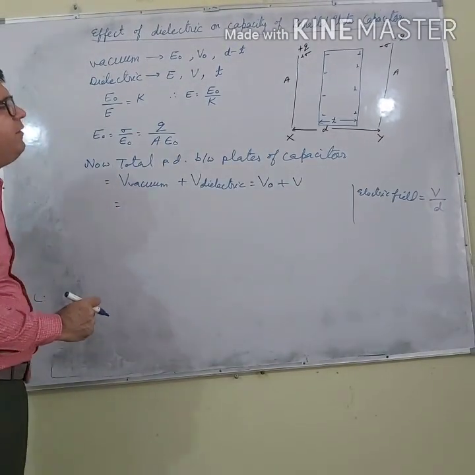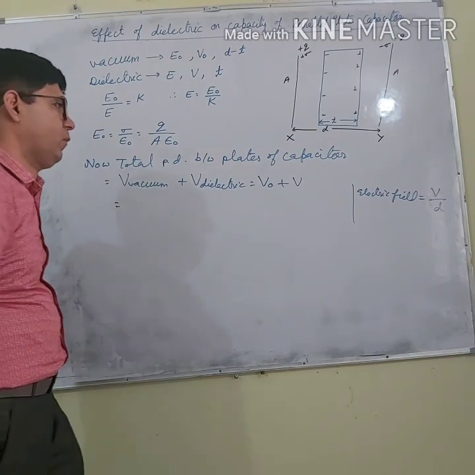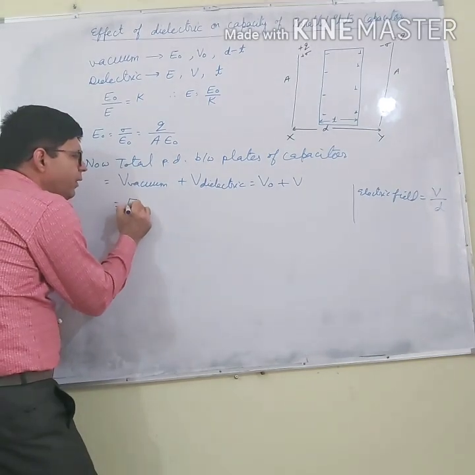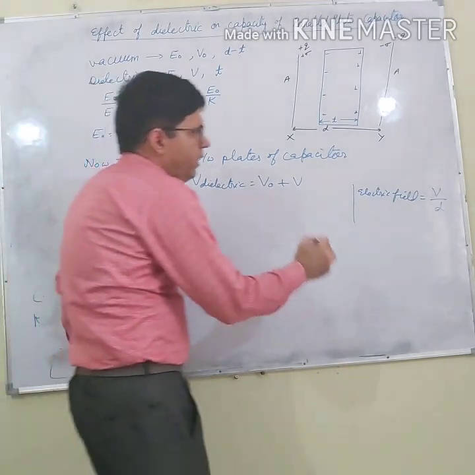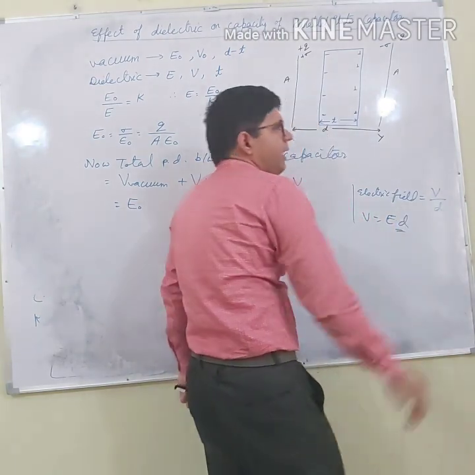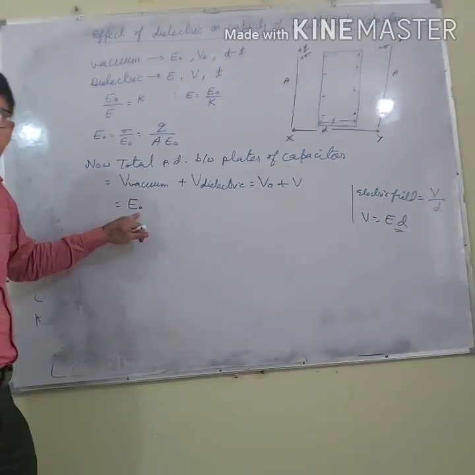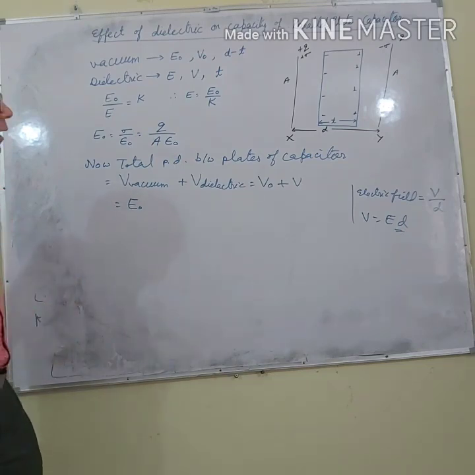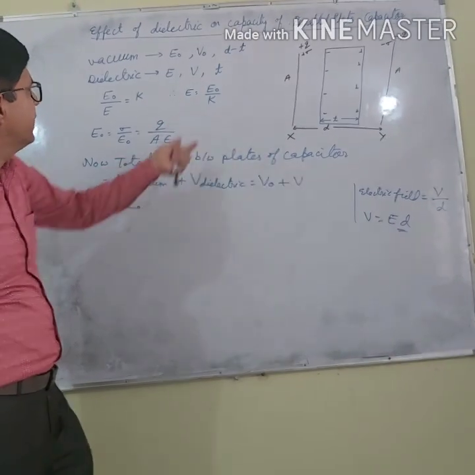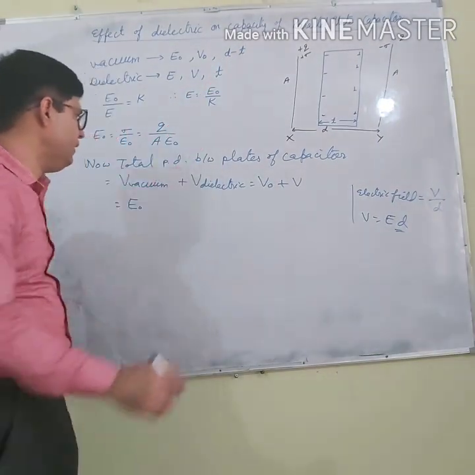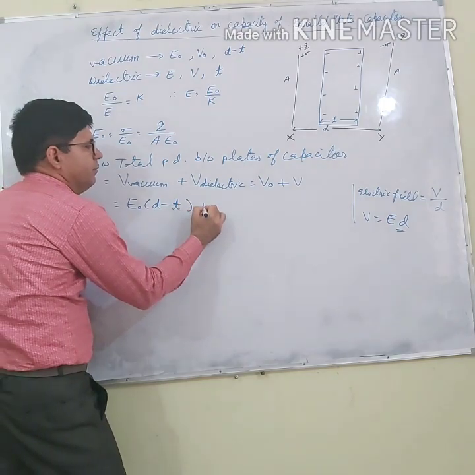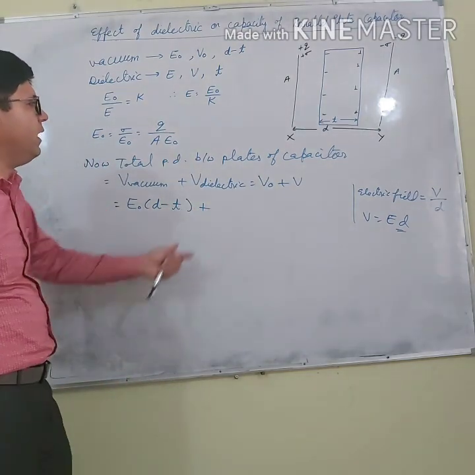Now what is V naught? V naught is equal to E naught multiplied by the distance. So then what will be V? V will be equal to E multiplied by the distance. So here the electric field is E naught, and what is the thickness of this region? Thickness of this region is D minus T. So I will write it here as D minus T. And what about the dielectric?